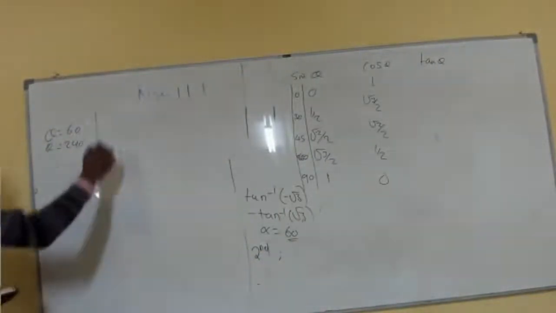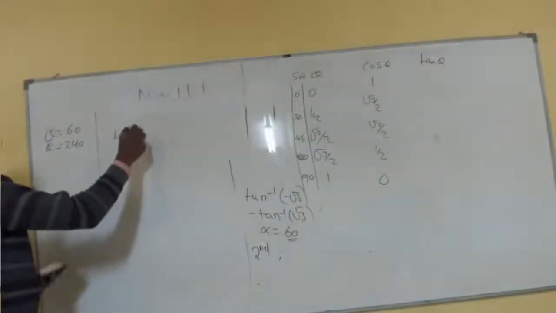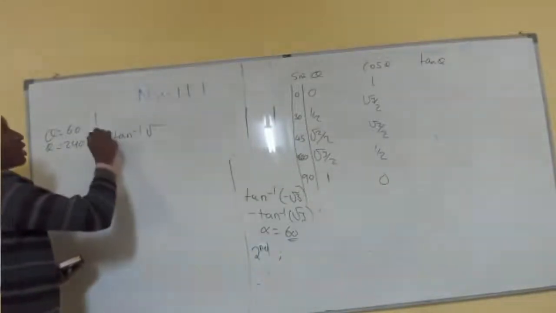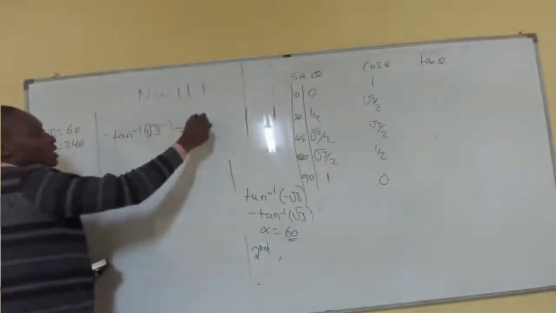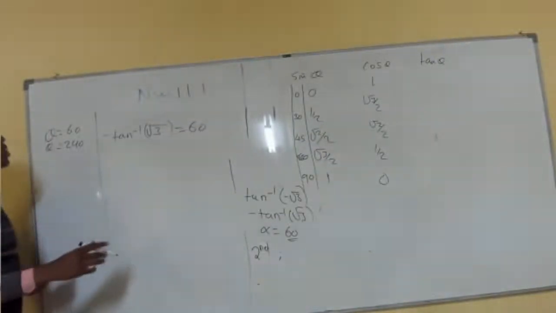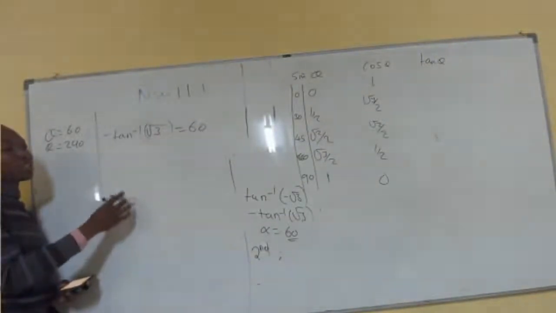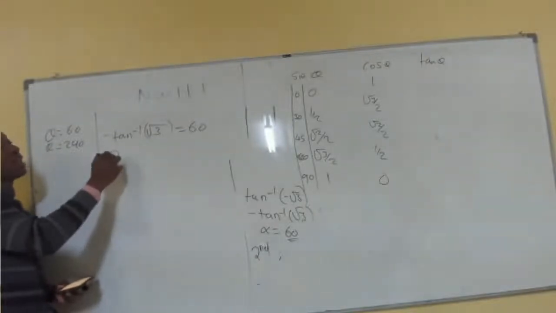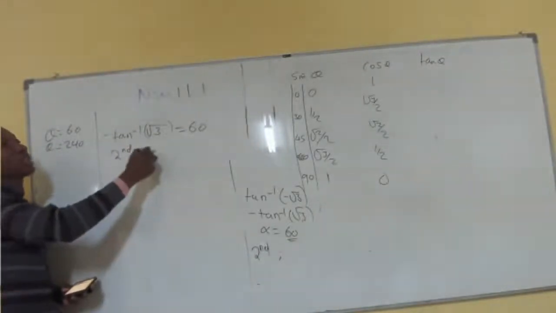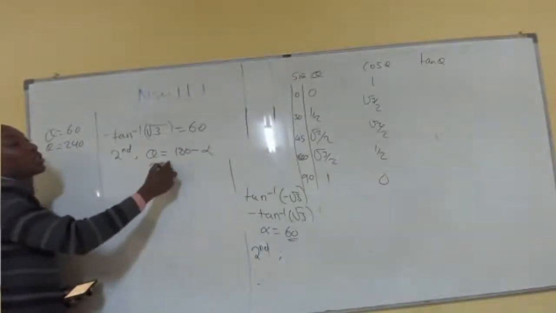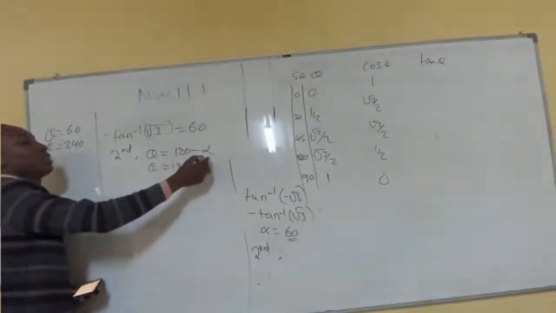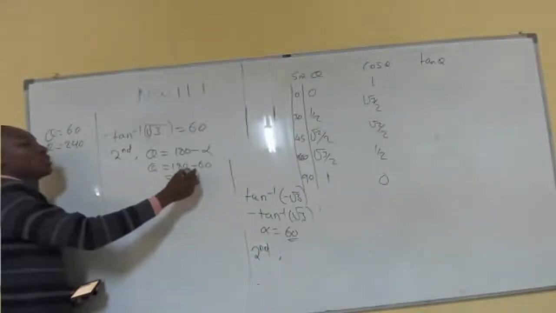For tan inverse of negative root 3, alpha is still 60 degrees, but we're looking for quadrants in which tan is negative. In the second quadrant, theta is found as 180 minus alpha, so theta is 180 minus 60, which is 120 degrees.